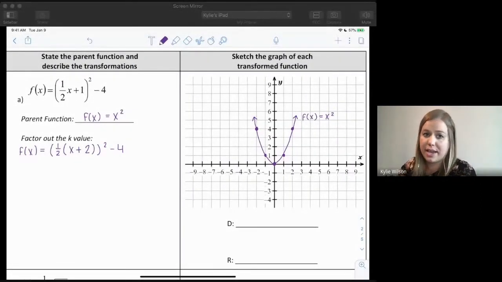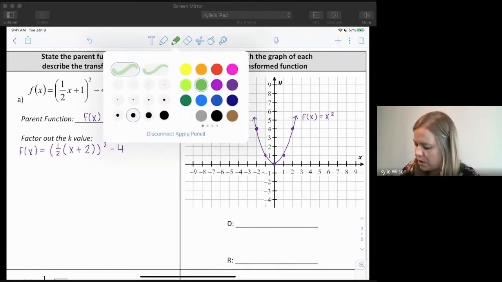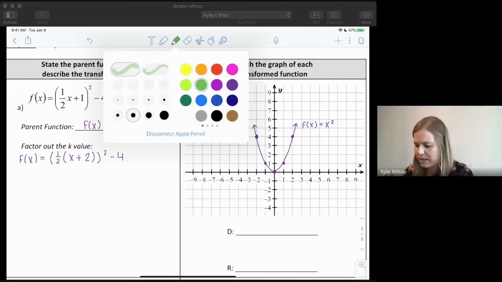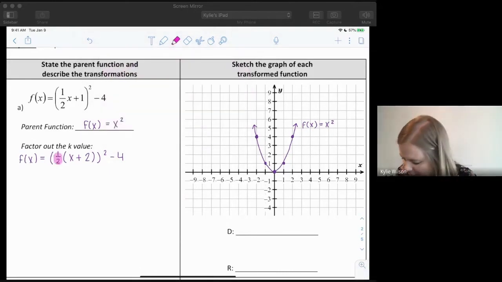So it's important that we write it like that in order to find our d value and the k value. Next, let's identify all of our a's, our k's, c's, and d. So we'll start with our a value. If I look here, there's no number in front of the brackets, so I don't have an a value. That's okay. Next, I identify my k value. That is inside the brackets in front of the x.